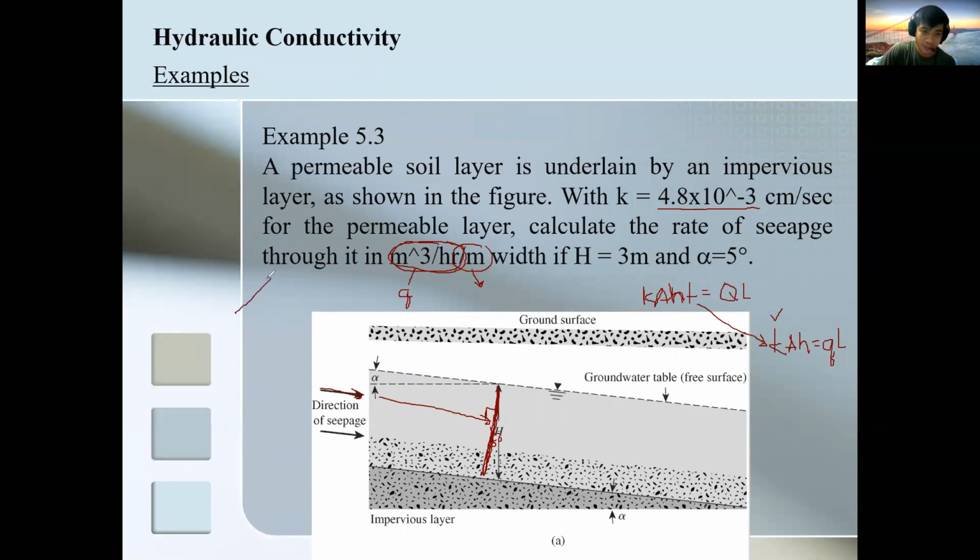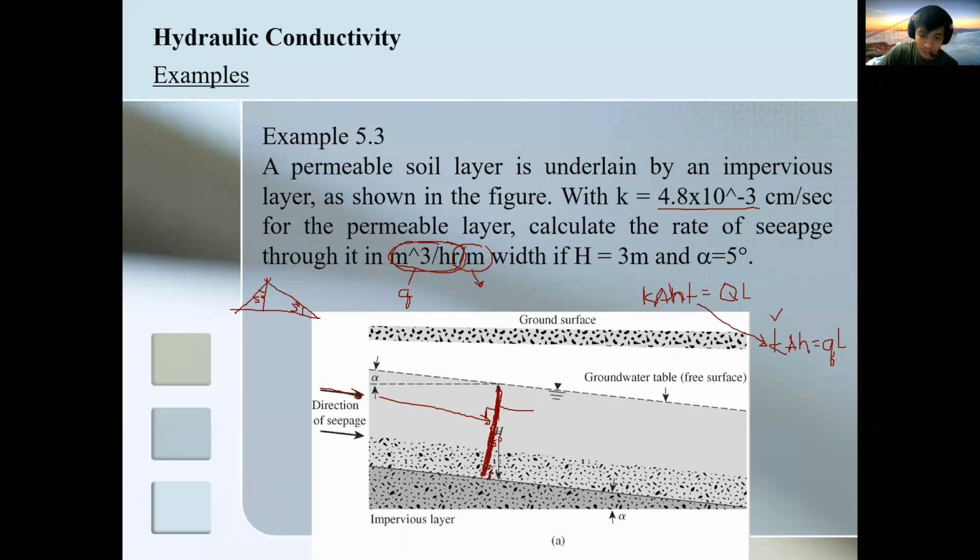So if you recall sa inyong trigonometry, sa senior high or sa high school, if this one is 5 degrees, so this one is also 5 degrees. Sakto, di ba? Okay, so if we're going to solve for the area, kaning inyong height dire, perpendicular sa flow, is again 90, di ba?